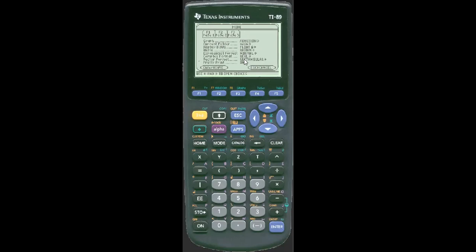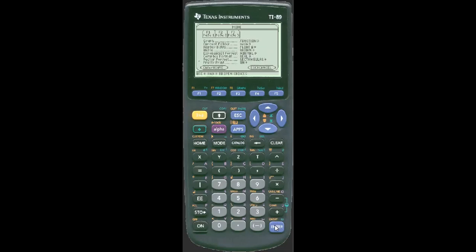Press the mode key on your calculator and check if the graph is in function mode. If not, press the right arrow key. It will show you options there. We can use up and down arrow keys to move the highlight, select function and click enter, or simply, you see function is under number 1, we can press number 1 or the enter key, same thing. So I click enter.